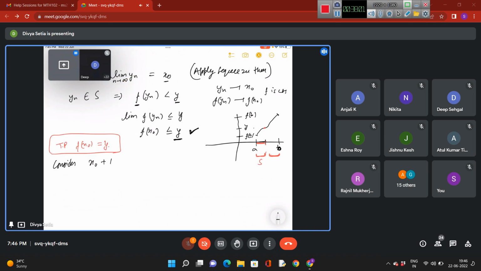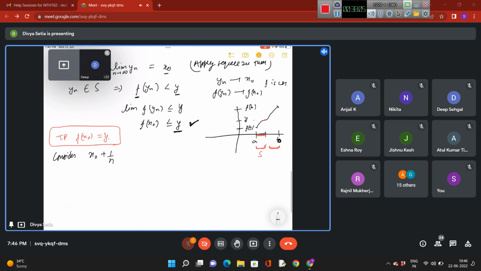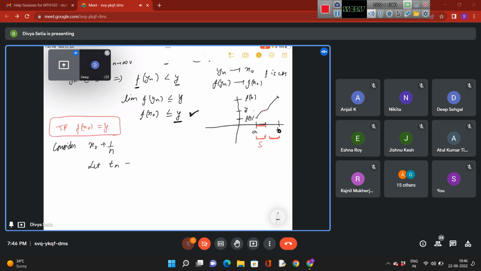So now consider x naught plus 1 by n, and let your sequence Tn be the minimum of b and x naught plus 1 by n.